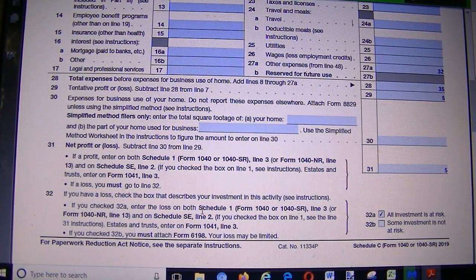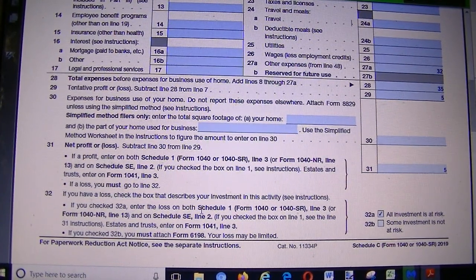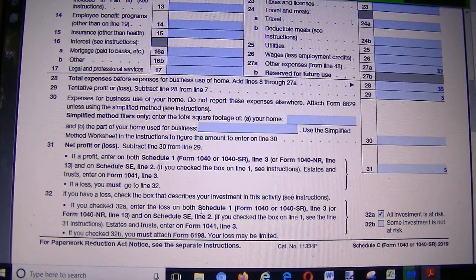And I did a video about how to find free software to file your taxes, and I have it out there.